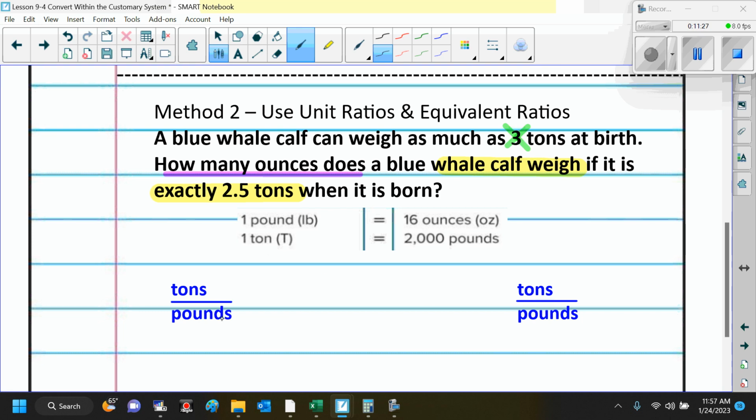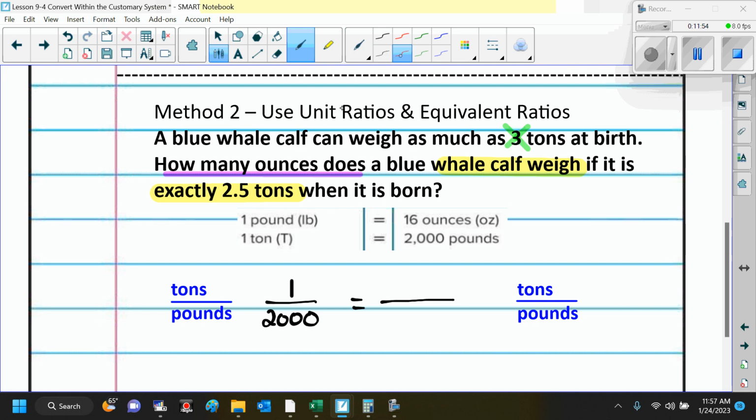So for tons and pounds, we know that 1 ton is equal to 2,000 pounds. So where does it go? 1 ton on top, 2,000 pounds on the bottom. Is everybody with me? So now we want to convert 2.5 tons to pounds, right?